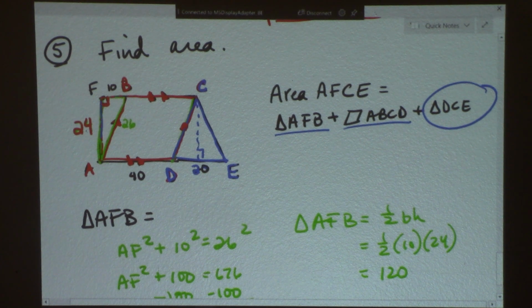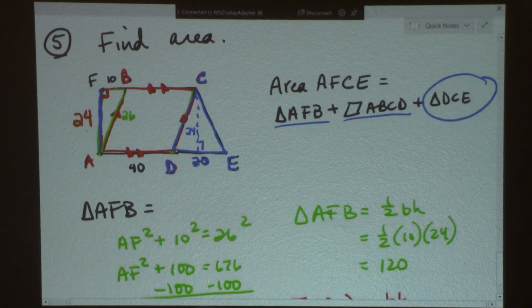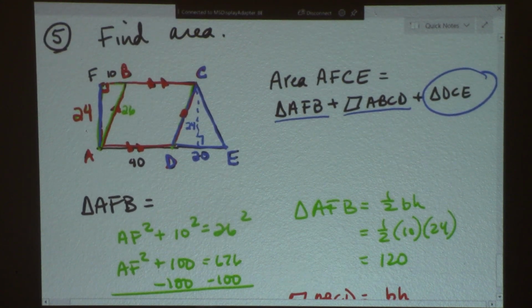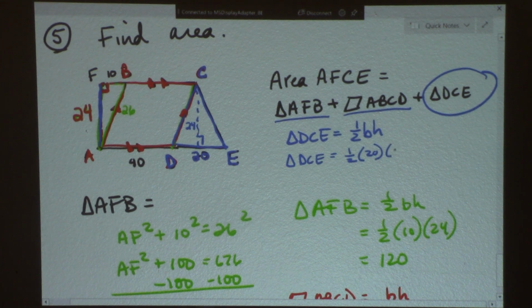If it's 24 here, it will be 24 here, and that will give me the height of my triangle. My area is 1/2 base times height, so that is 1/2 times 20 times 24, and I get 240.